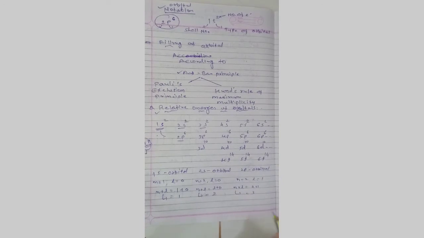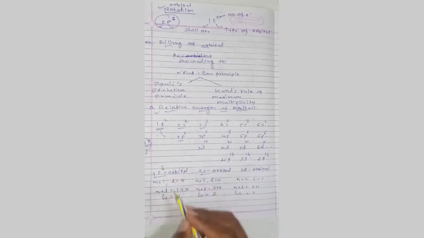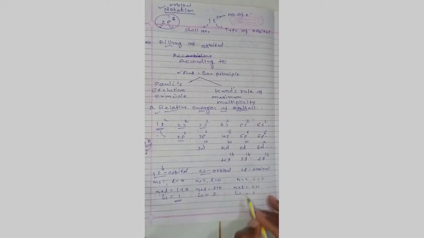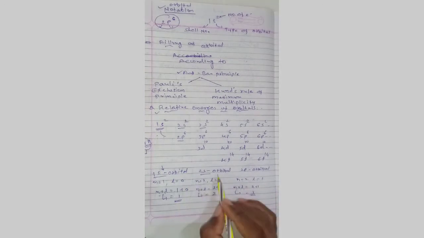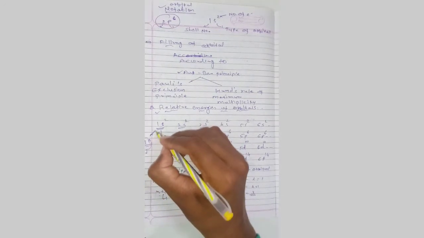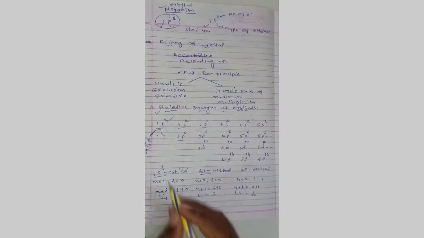So comparatively 1s has lower energy because its value of n plus l is lower, and here 2p has higher energy because its n plus l value is higher compared to 1s and 2s. So that's why basically electrons first enter into 1s orbital because it has lower energy.